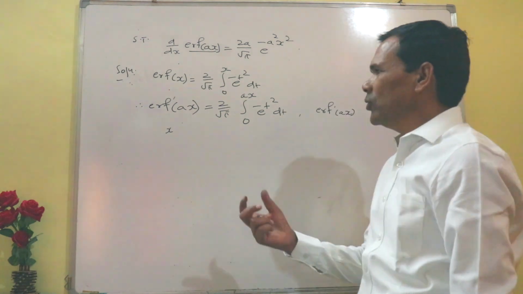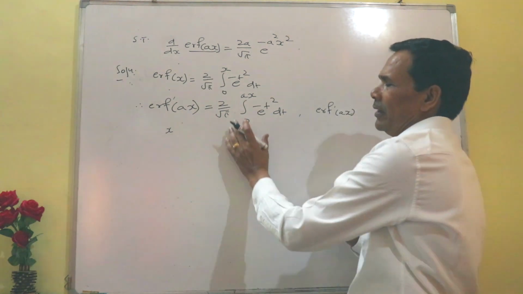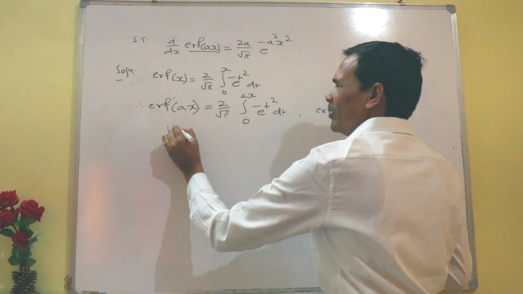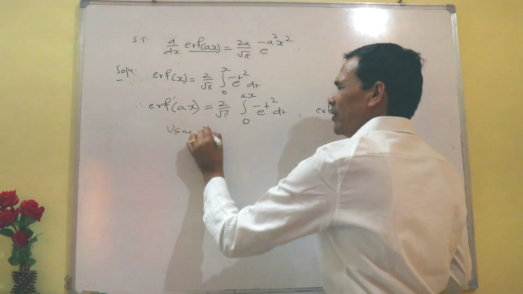In this case we are using DUIS second rule because the limits are depending upon the parameter. Using DUIS second rule, see what happens.